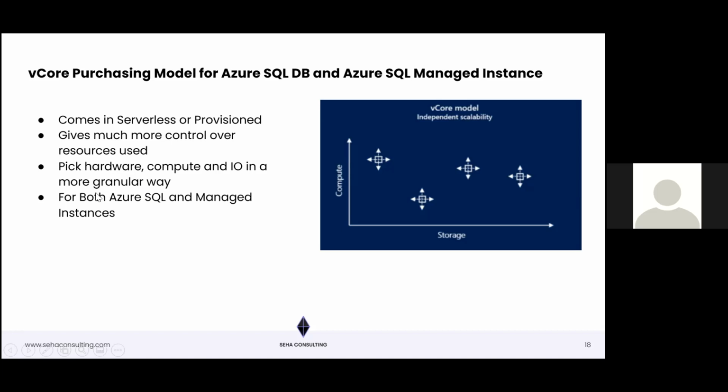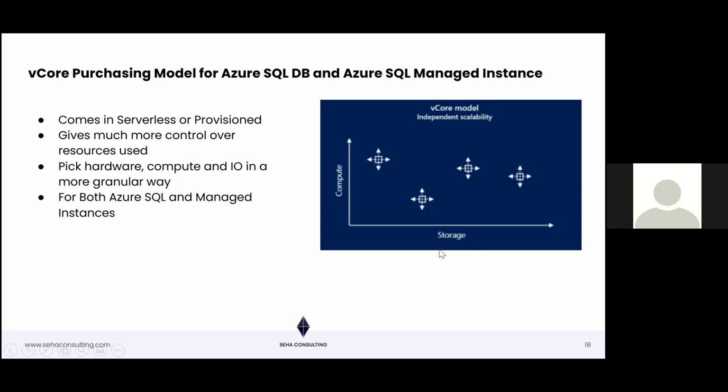So a vCore model basically means that when you're purchasing compute, storage, RAM and IO from Microsoft for running your databases in the cloud, you have this vCore purchasing model, and it gives you a lot more control in the way you pick your compute and storage.